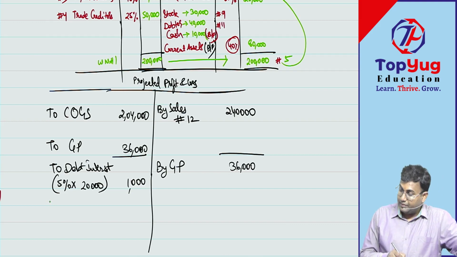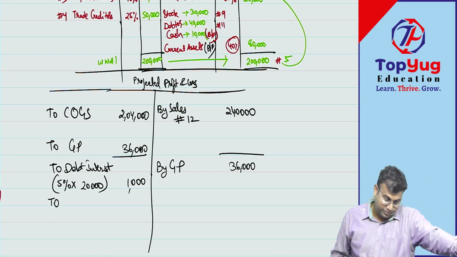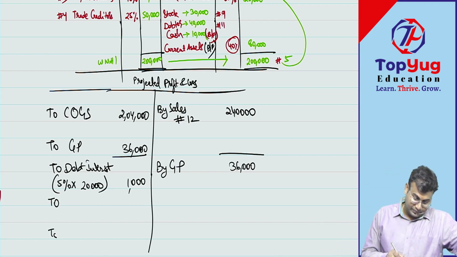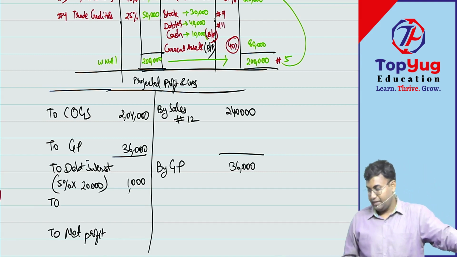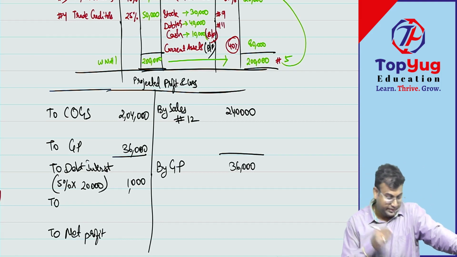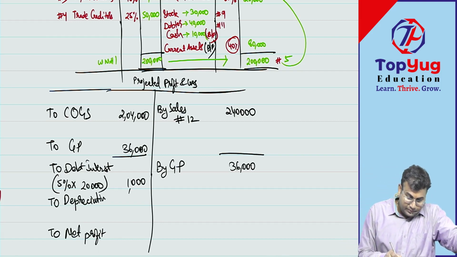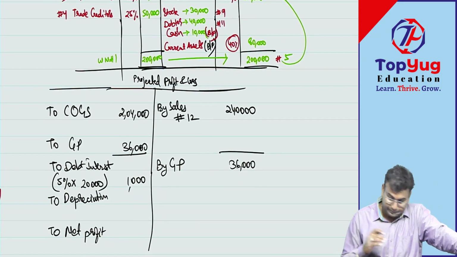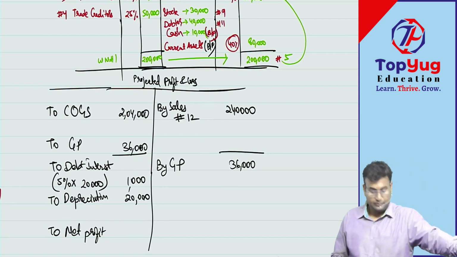Any other expenditure we have? Any working note on administrative expenses? We don't know. To net profit, can we find out? Okay, depreciation, everything that needs to be written, write depreciation. 20,000, right?